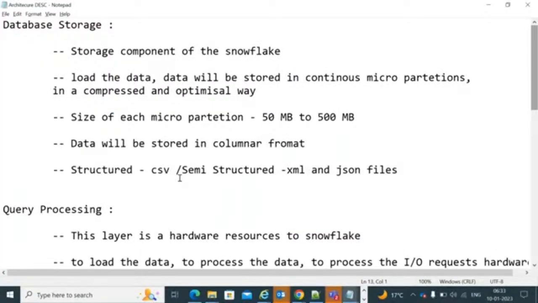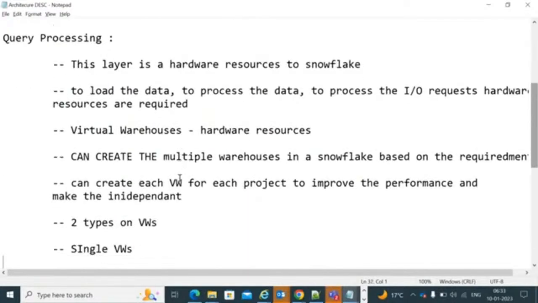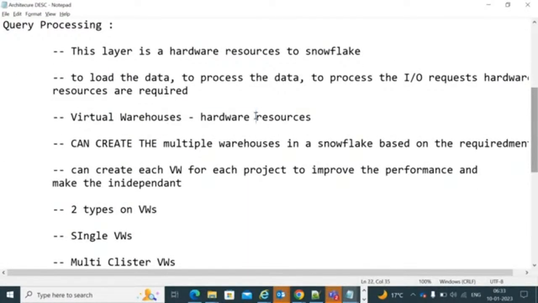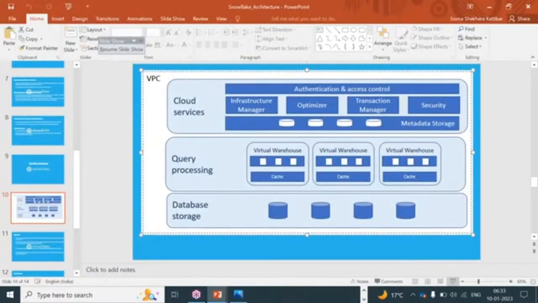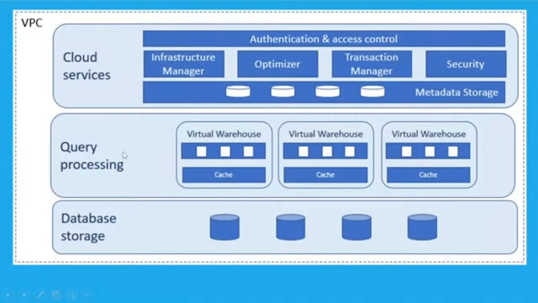See here, virtual warehouses or hardware resources can be created multiple times. Till here you are clear? This query processing layer is a virtual warehouse, which is a compute layer, and these are the hardware resources for your Snowflake. They are required to process all your requests in Snowflake.